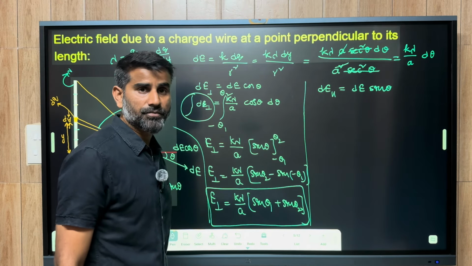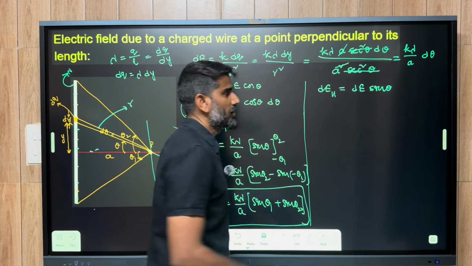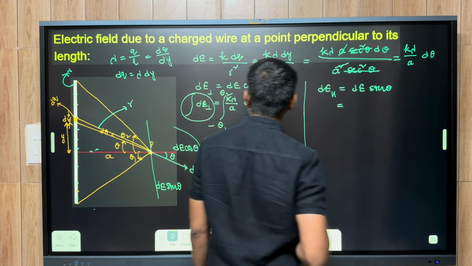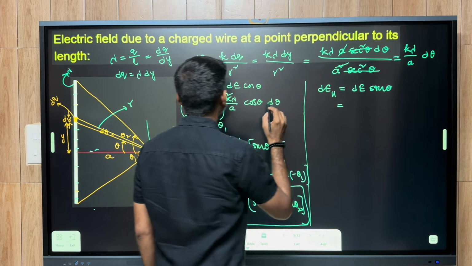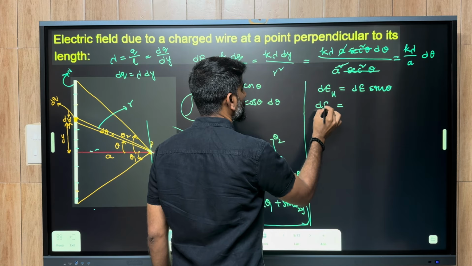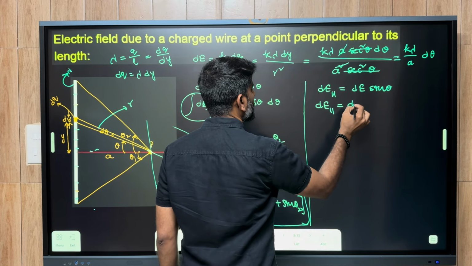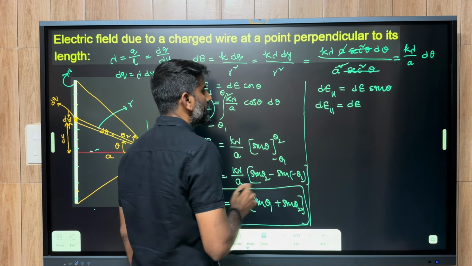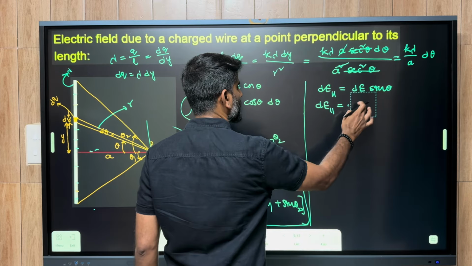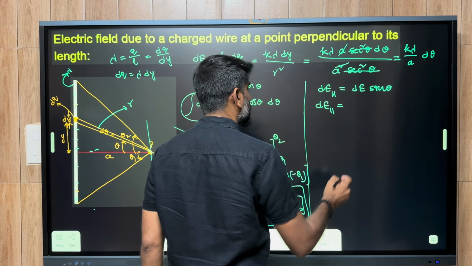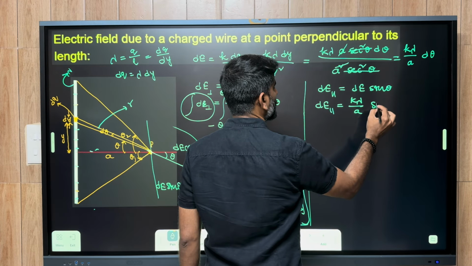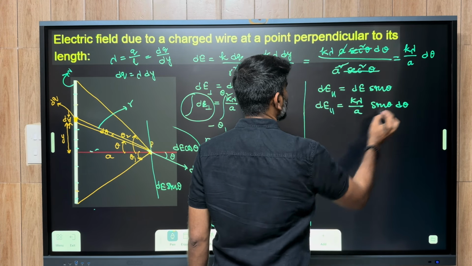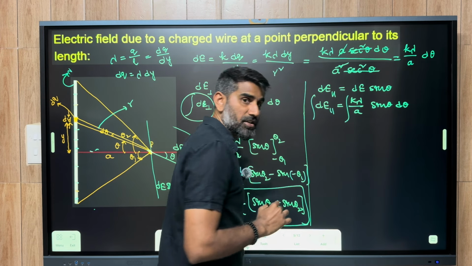Same steps go here as well, but for the parallel component. So dE, we already know what dE is: k lambda by a, sin theta d theta. I'm going to apply the integration.